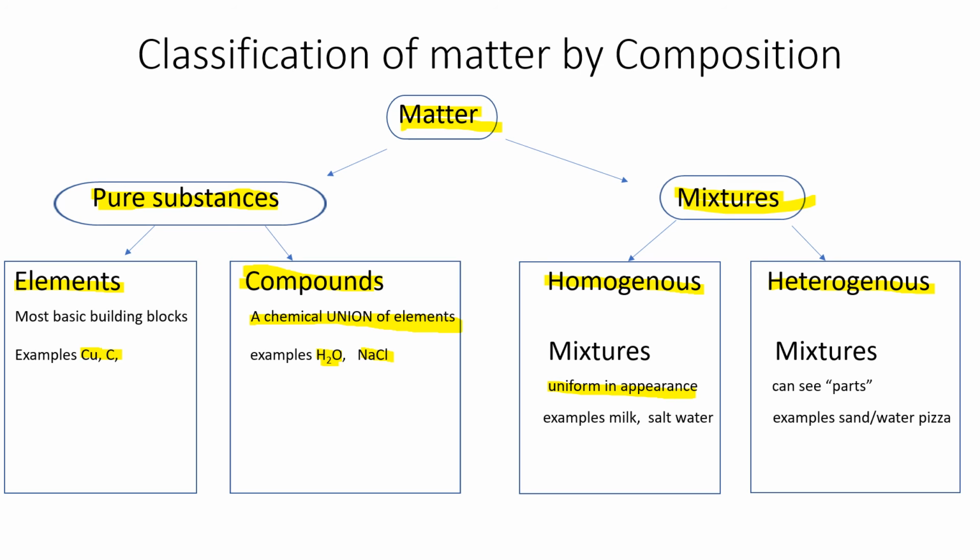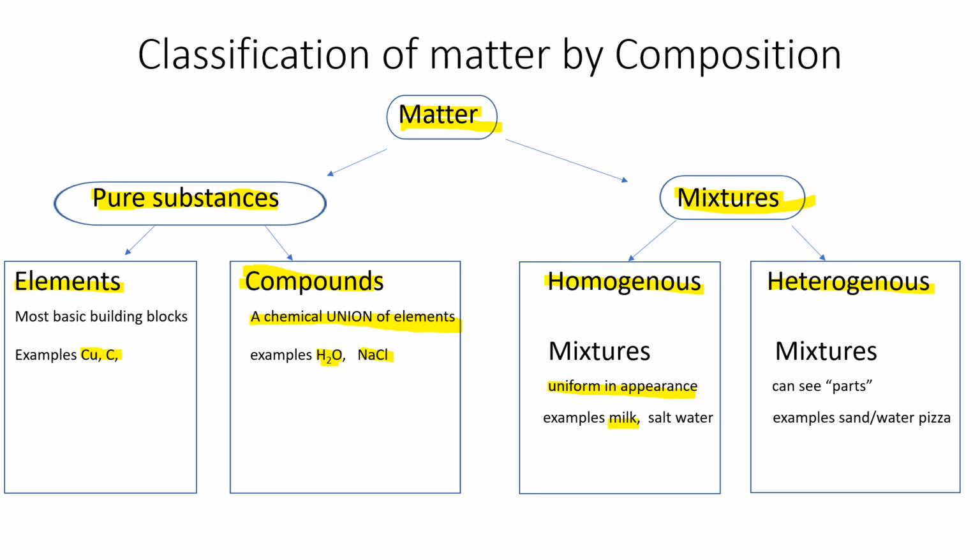It's going to look like just one thing, even though there are many things in there. An example of a homogeneous mixture that you're familiar with is most likely the milk in your fridge. There are thousands of things in your milk. There are sugars, water, protein. Unless it's skim milk, there are some fats and lipids in there.